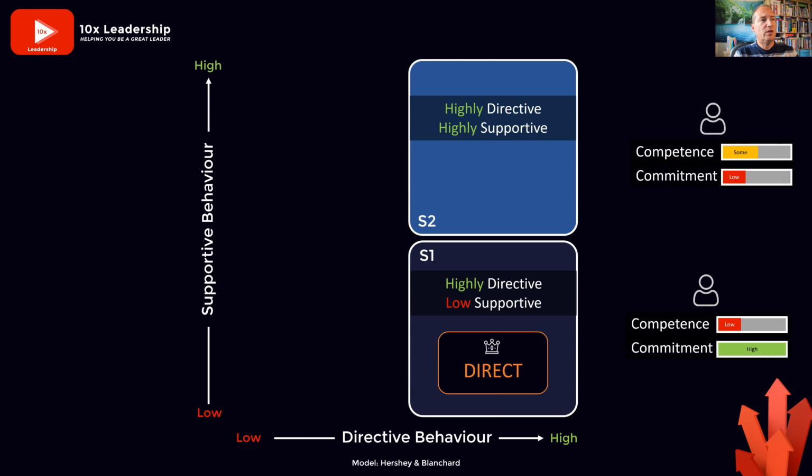So in scenario 2, what you need to be is highly directive, but also highly supportive. So you're going to be spending more time with them to try and get them to the right place. And the leadership style here is the coaching leadership style.